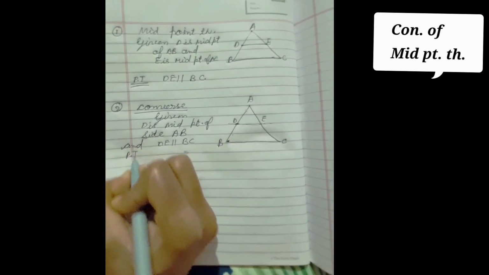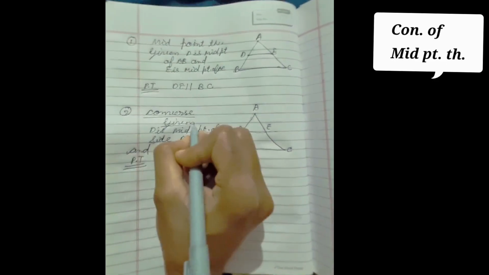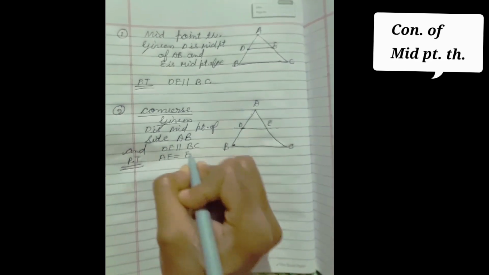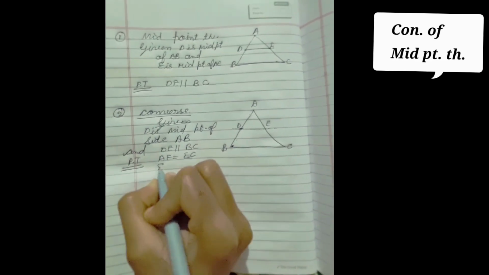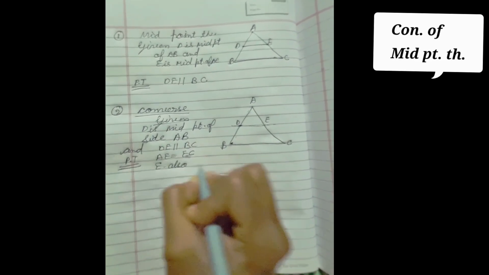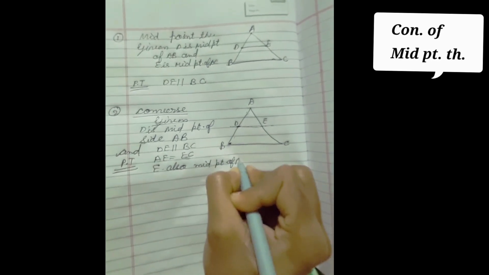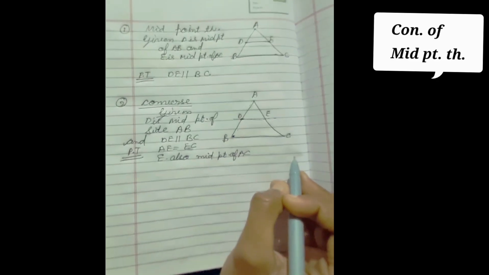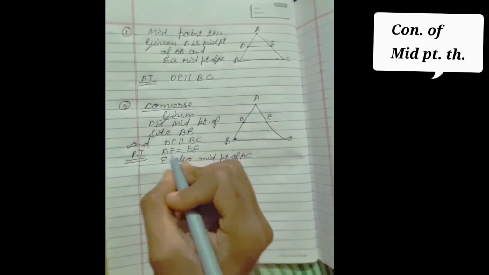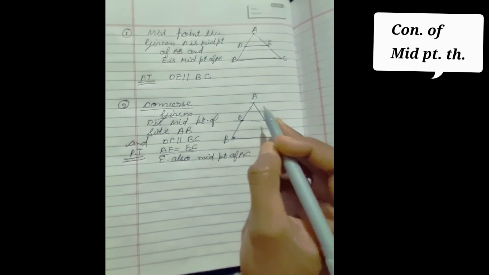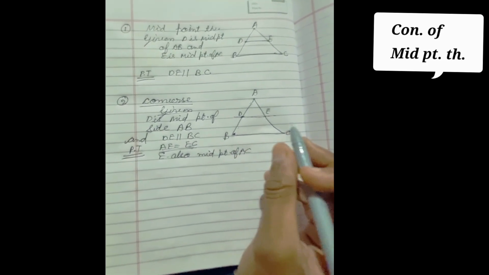We have to prove that AE equals EC. That means we have to prove that E is also the midpoint of AC. Another way we can write this: it also means that E is at the center of the line AC. So this is what we have to prove.